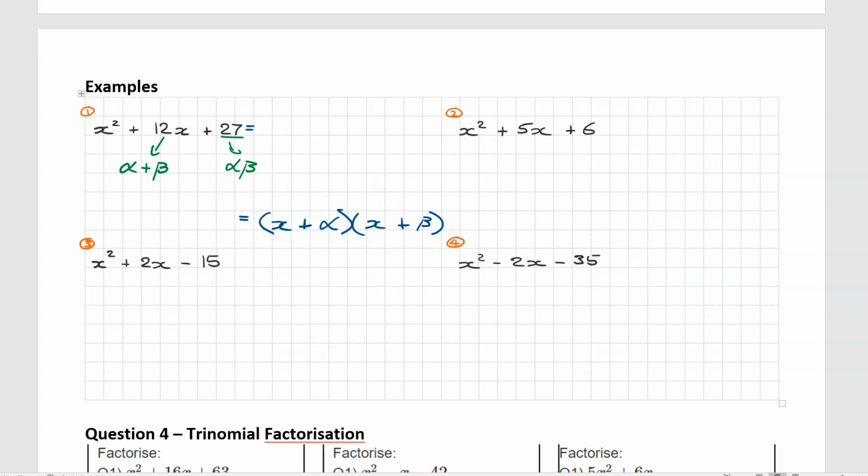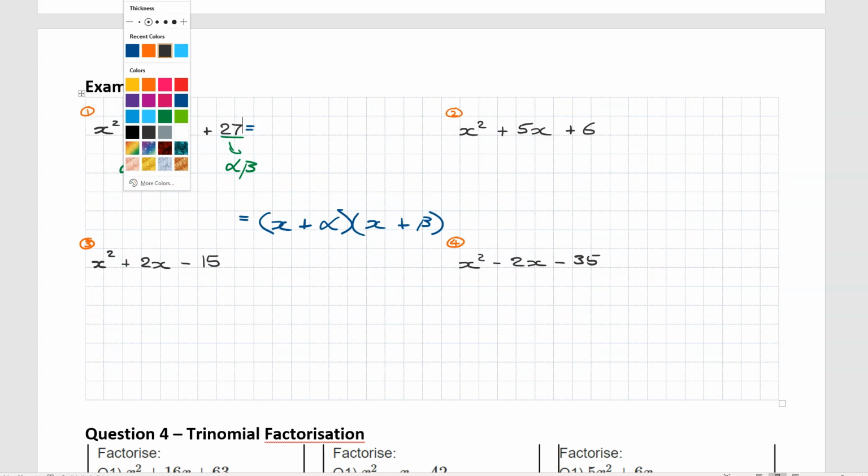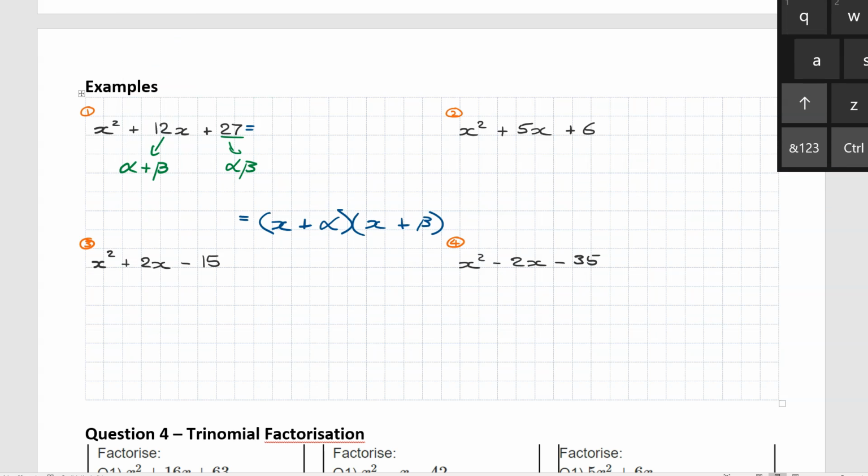So looking at this pattern, to get the factors of this particular expression, we have to look at what adds together to give a value of 12 and what multiplies together to give a value of 27. The most straightforward way to look at this is to ask what are the factors of 27.